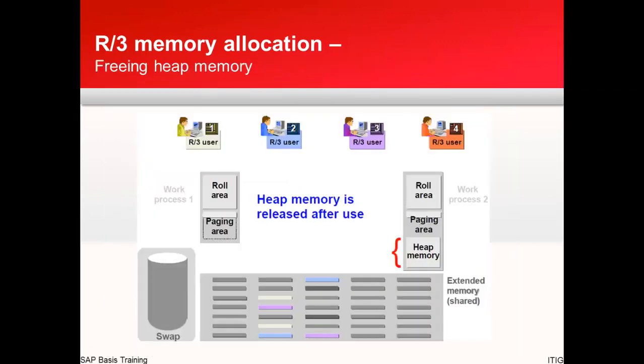Now the next thing is the memory allocation. Here you can see the first work process, which has the role area and the paging area. The second work process has the role area, the paging area, and heap memory. Heap memory is released after the use. Then you have the extended memory, and this is the swap.